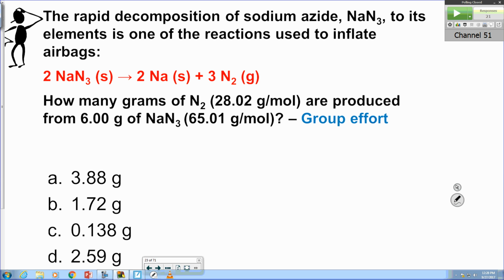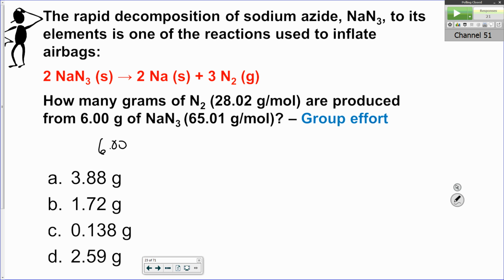Start with what you know. You've got 6 grams of sodium azide. Sodium azide weighs 65.01 grams of sodium azide per mole.